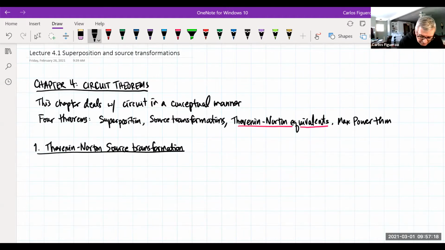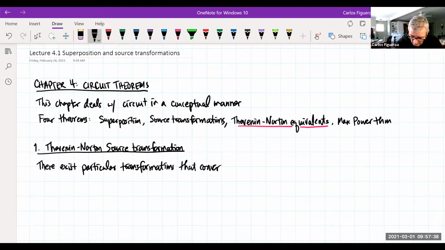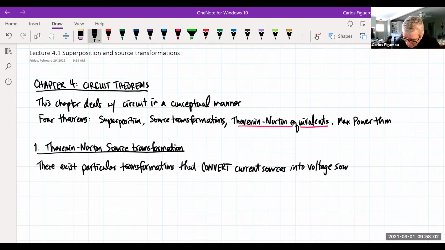So there exist particular transformations that convert current sources into voltage sources, or vice versa. And the key here is that it has to be very particular.